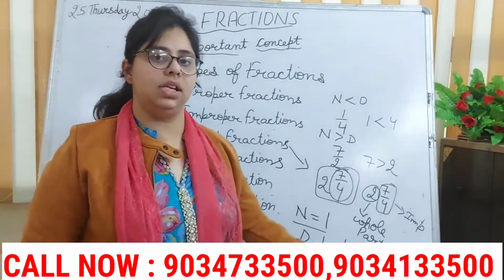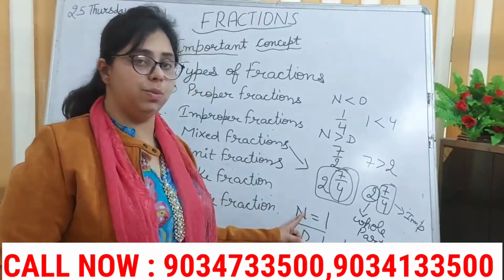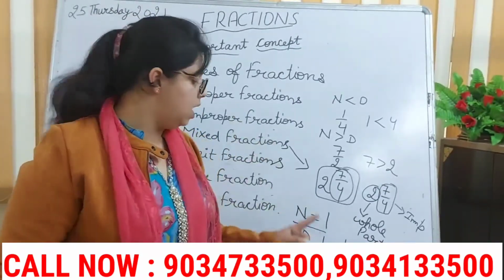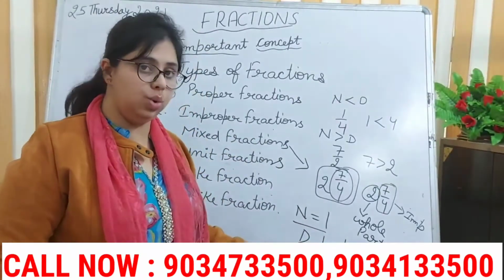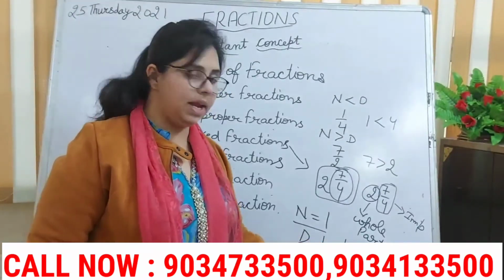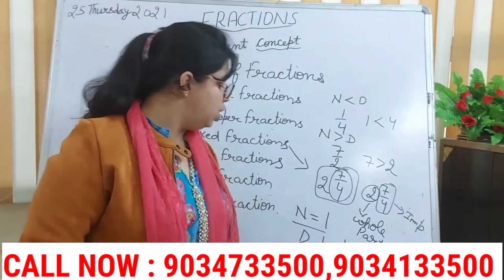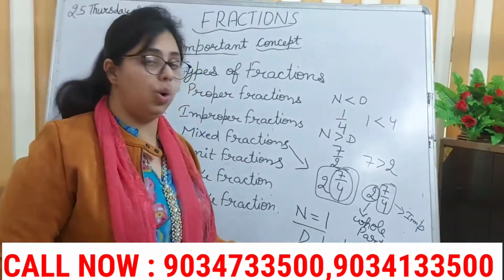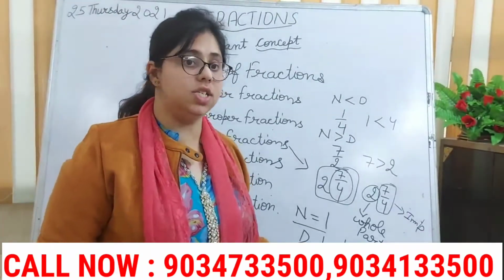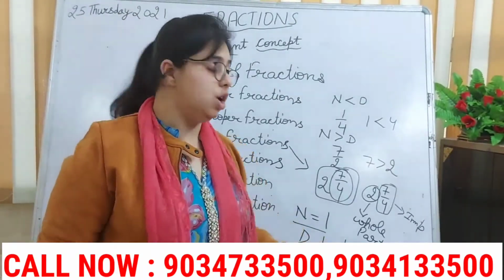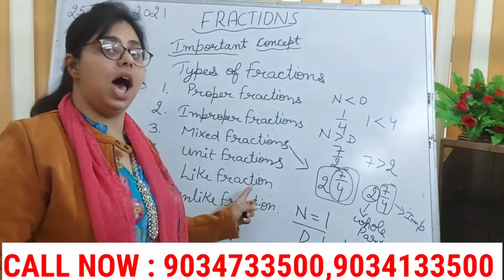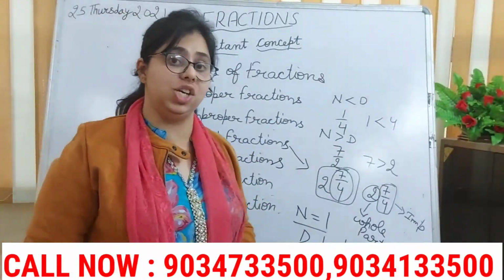The denominator can be any number, but the condition is that the numerator should be 1. I give you examples here: 1 by 2, 1 by 4, 1 by 9, 1 by 99. You can clearly see here that in all these fractions the numerator is 1 and the denominators are different. So these fractions are known as unit fractions.